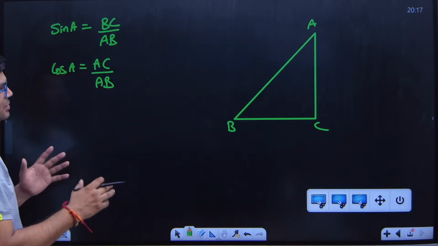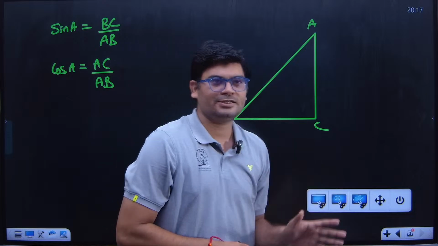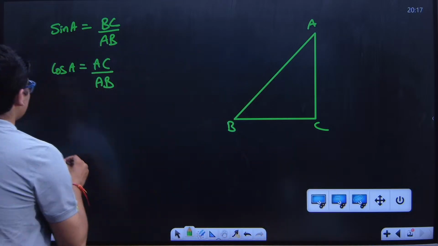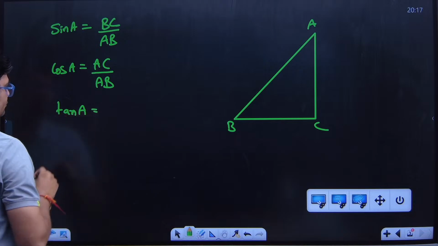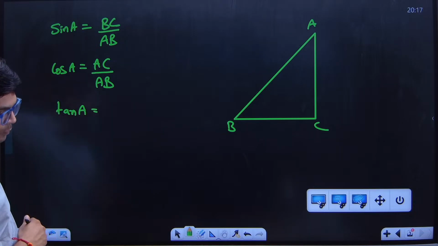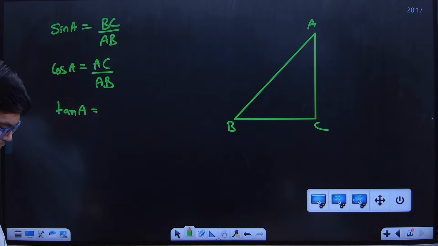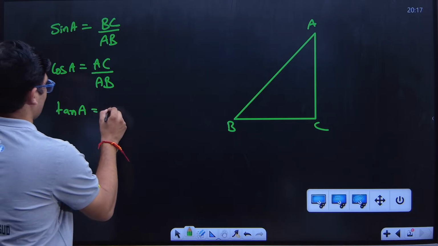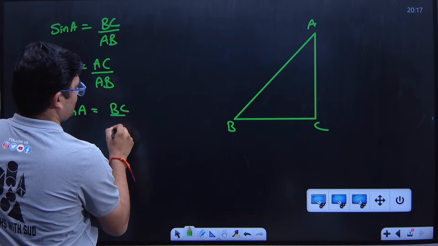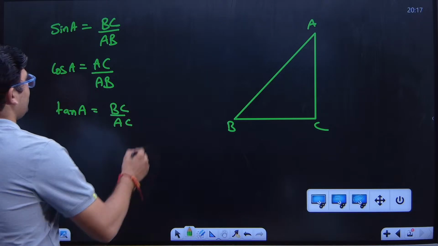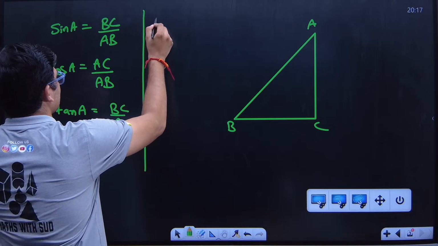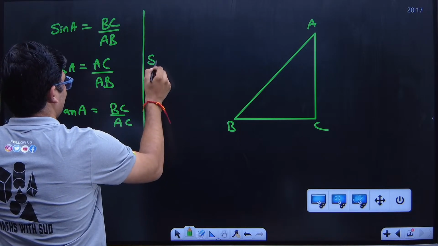You have to just focus on the opposite side and the adjacent side. That's it. Can you tell me what is tan A? BC upon AC. Wonderful.